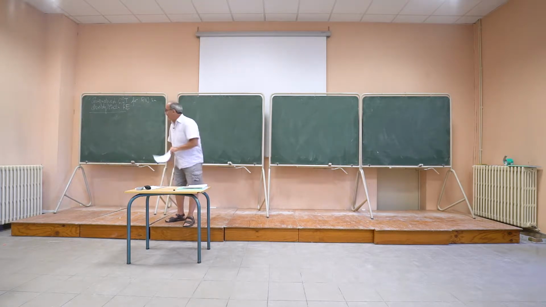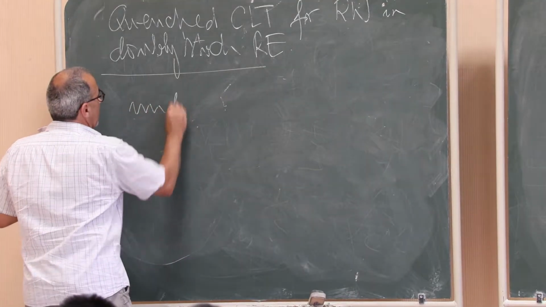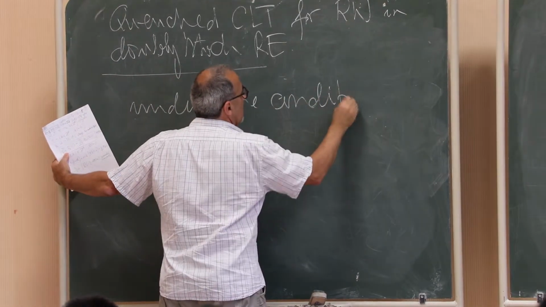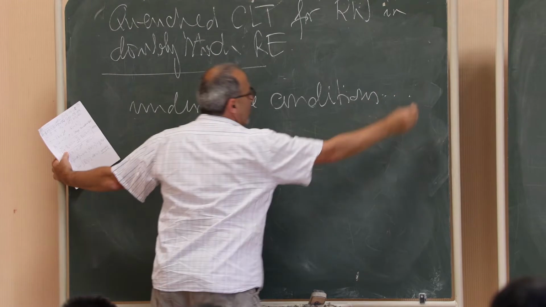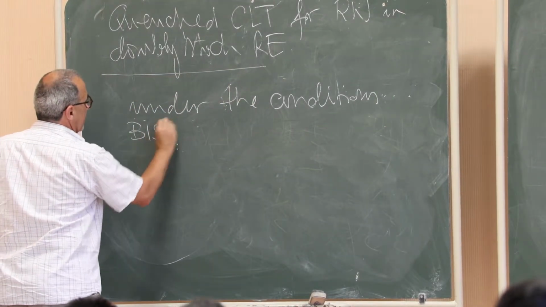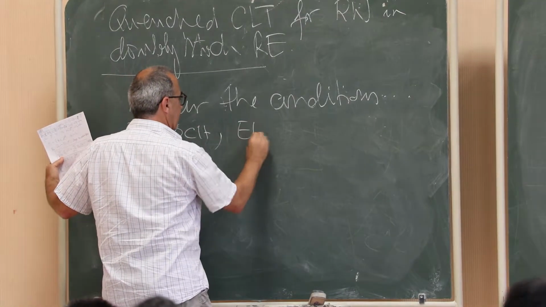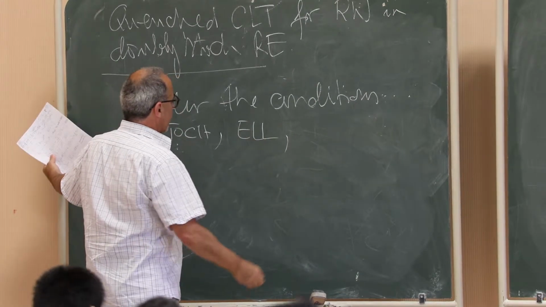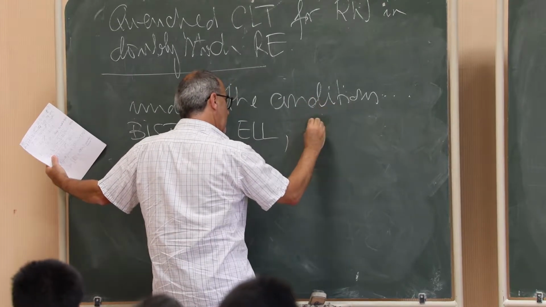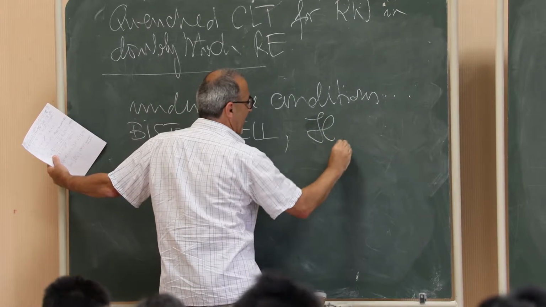So what I'm proving is that under the conditions stated, which I don't repeat, remember what the conditions were. So that's double stochasticity, ellipticity, and what I call h-1.